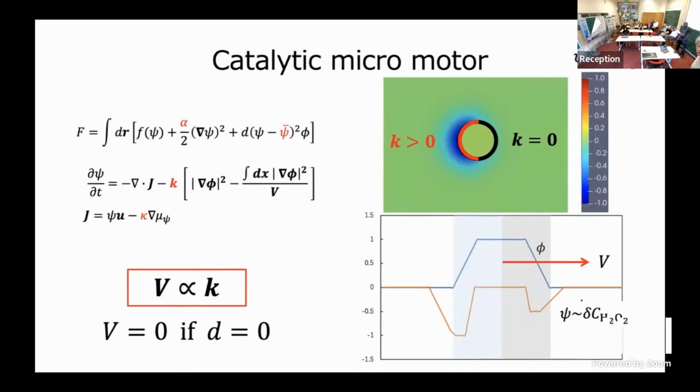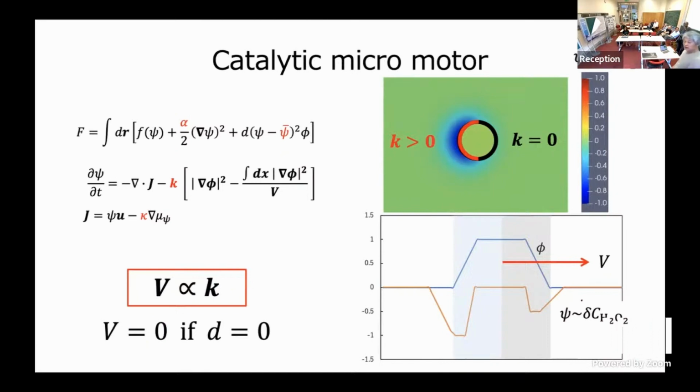This term is just needed to conserve the total amount of chemical concentration. But in reality, the fuel is being used up. Yes, so we put fuel uniformly into the system.